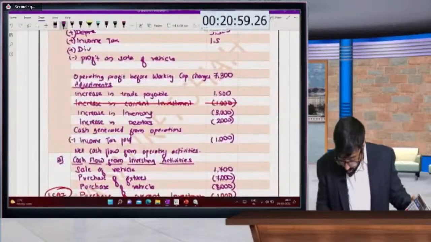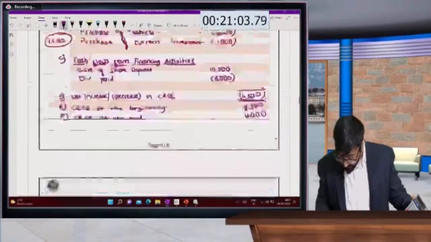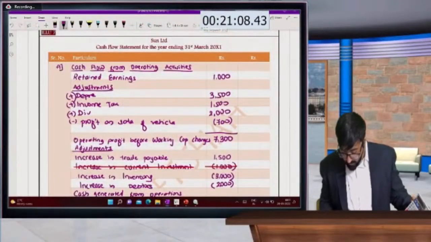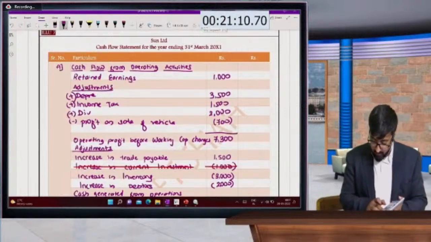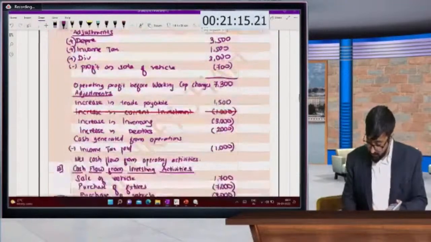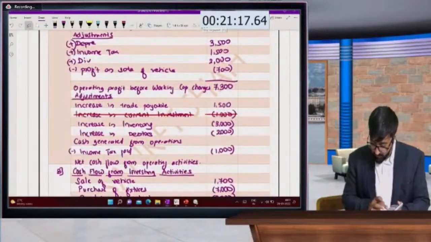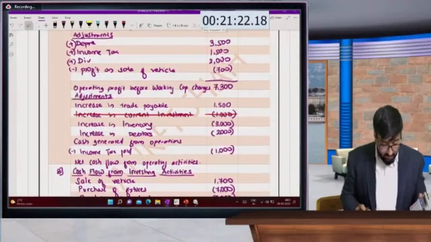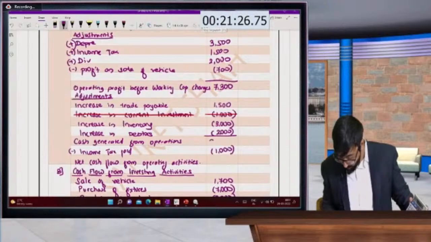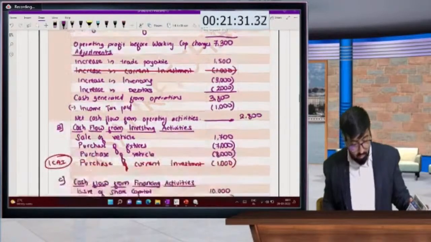Debit wale all add, credit wale all less, and less is 700. You will get 7,300 only. 7,300 plus 1,500 minus 3,000 minus 2,000, you will get 3,800. Cash generated from operations. And outer figure, outer column 2,800.